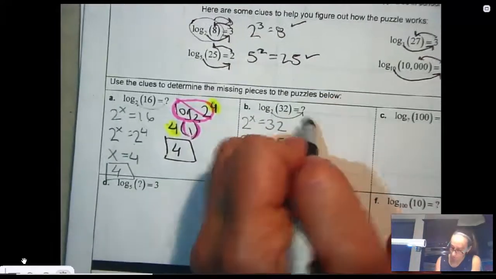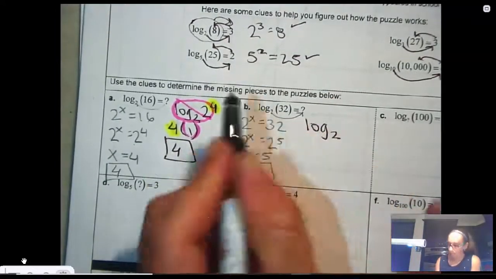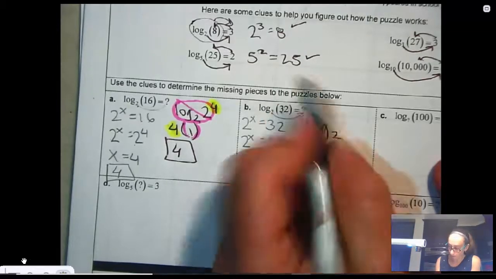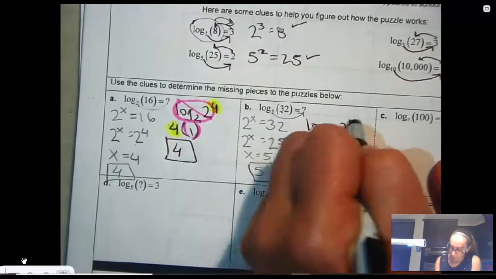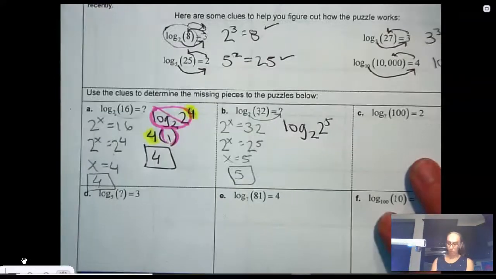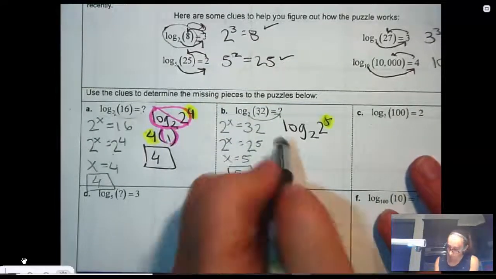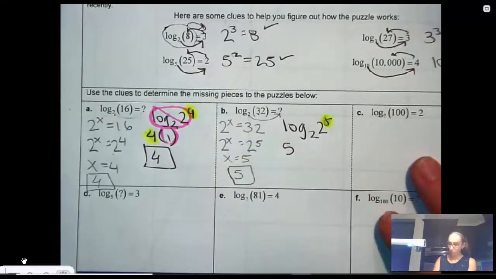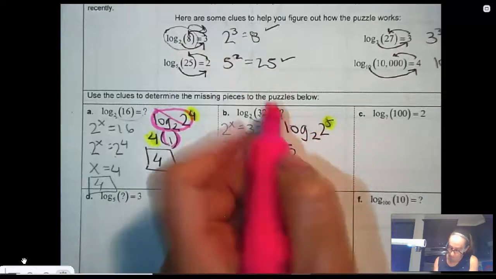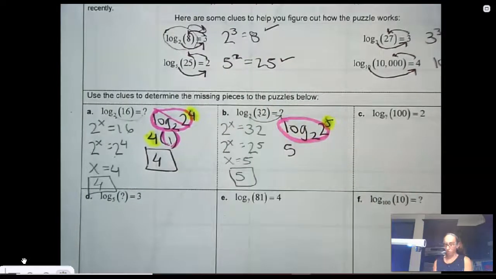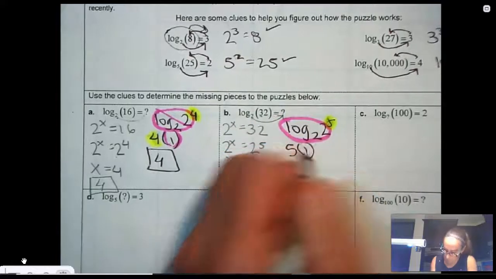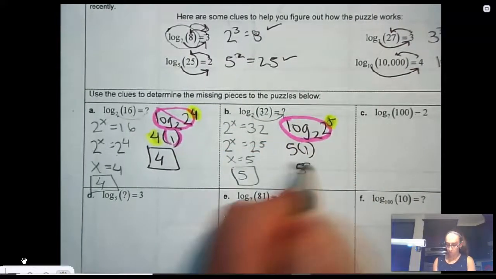Now I'm going to challenge you and I'm going to say, okay, instead of writing 32, I'm going to write 2 to the 5th power. Now, anytime you have an exponent in log form, you can make it big. And then whenever you have this number and this number being the same, log 2, it's going to equal 1. So that means that's really 5 times 1, which is 5.